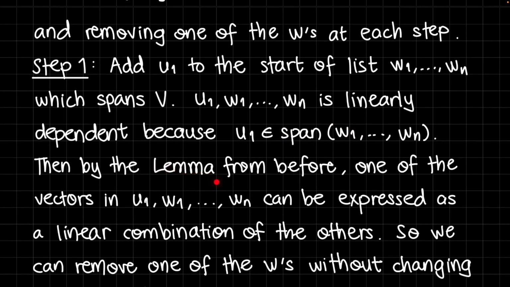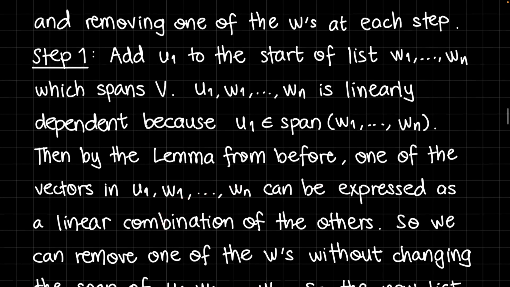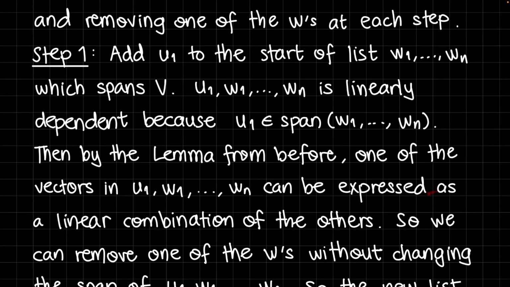Then by the lemma that we proved just before this, one of the vectors in u1, w1 through wn can be expressed as a linear combination of the vectors before it. Now, this is where the placement is important.